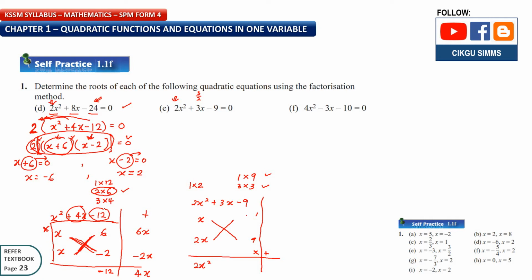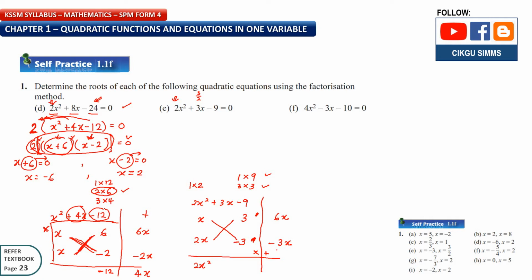So you cannot get 3. Okay, so let's try the 3 and 3. Okay, 3 and 3, you see 3 times 2x, you get 6x, right? And then 3 times x, you get 3x. And then how to get positive 3x? You put a negative here, right?